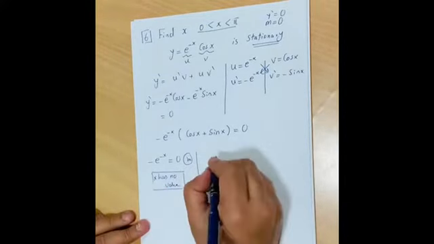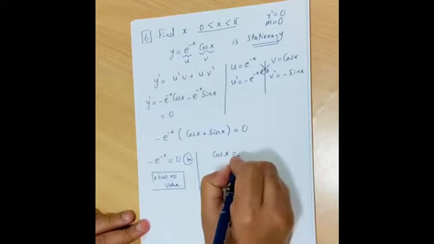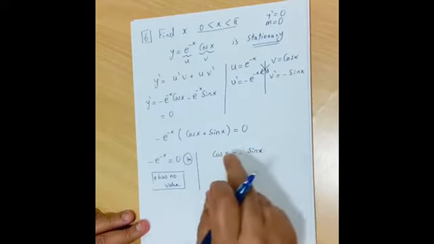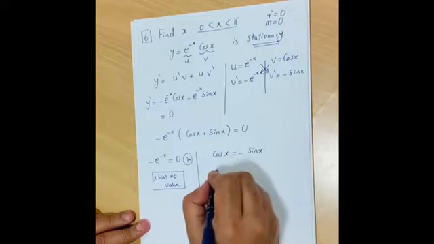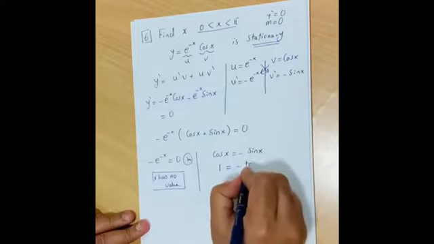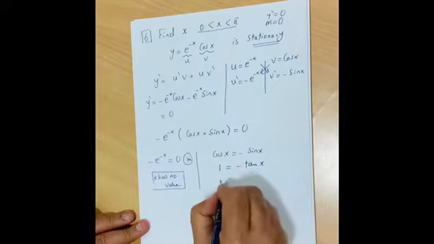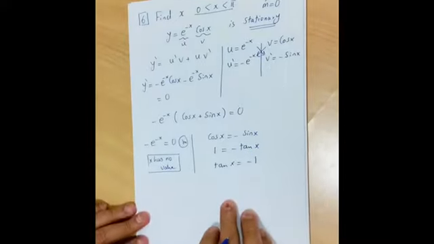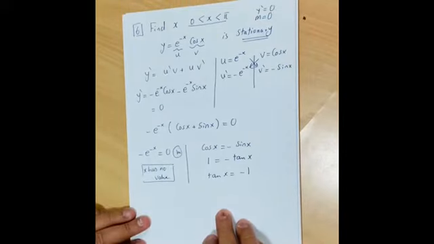For this part, cosine x equals negative sine x, which means by dividing sine by cosine, you will get 1 equals negative tan x, which means tan x is equal to negative 1.